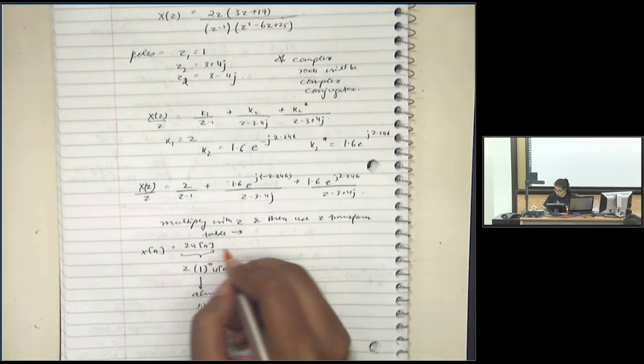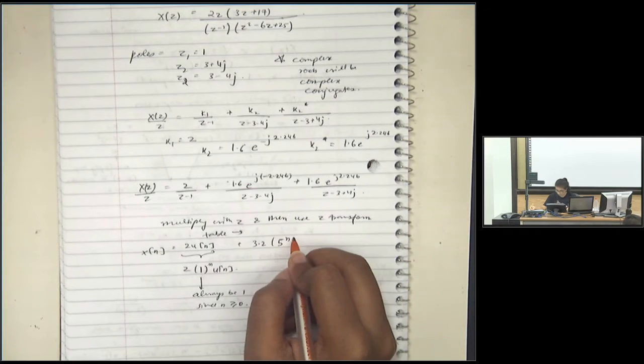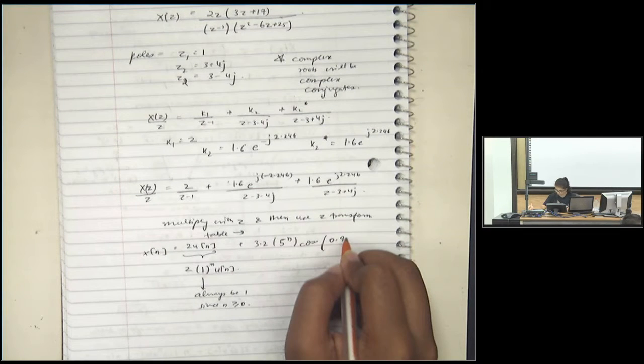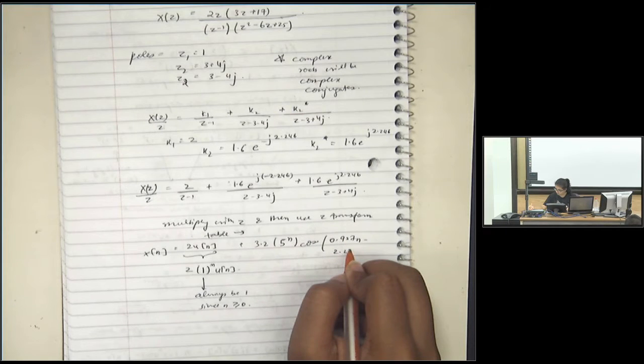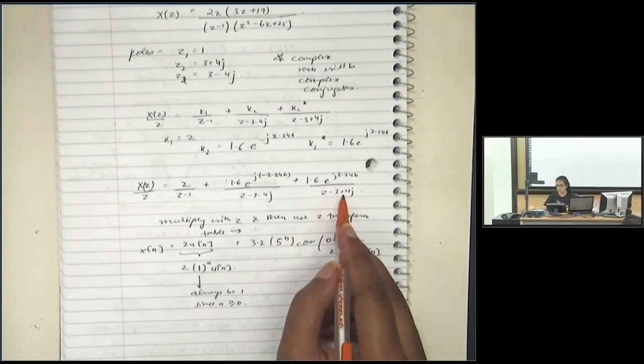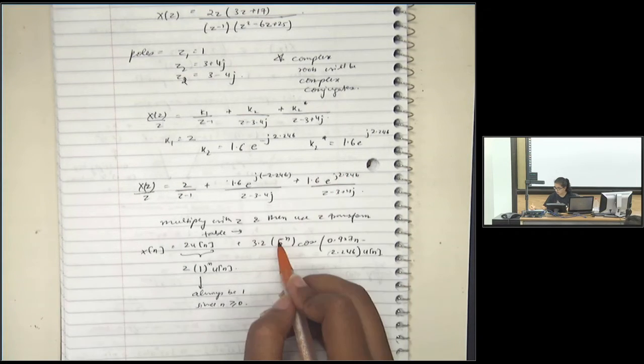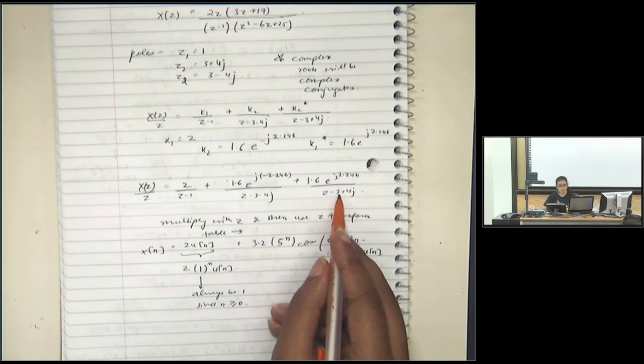All right, and the other term will come out to be this. Okay, so this term comes from our 3 plus 4j. This term comes from our numerator coefficient. 5 raised to power n is the absolute value of our pole. All right, and this is just the double of our 1.6.